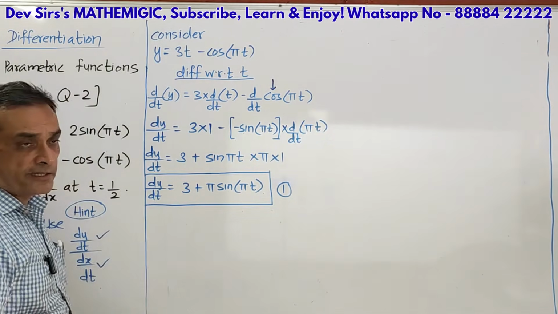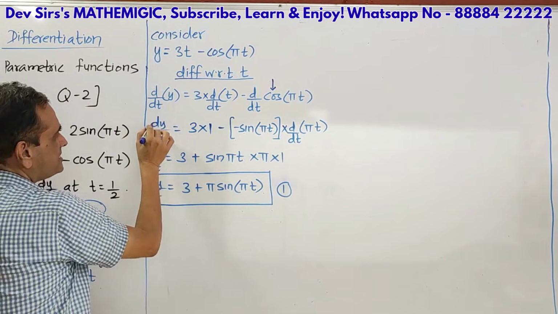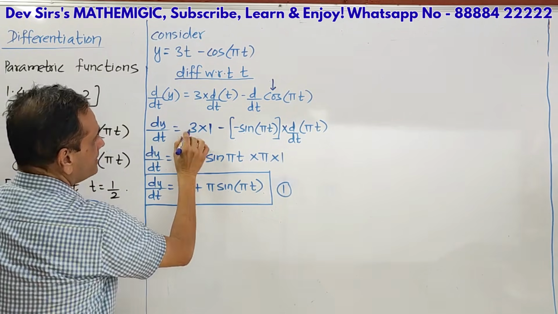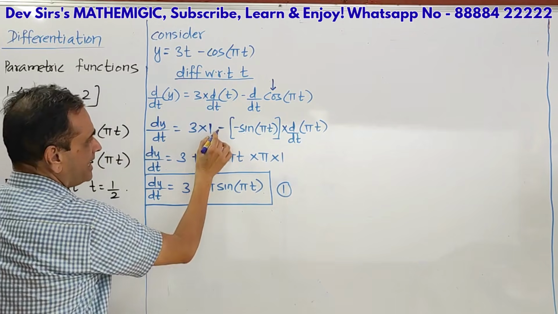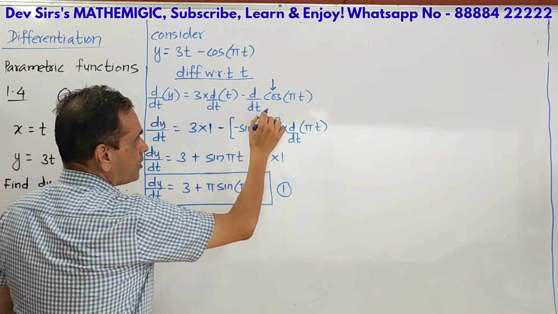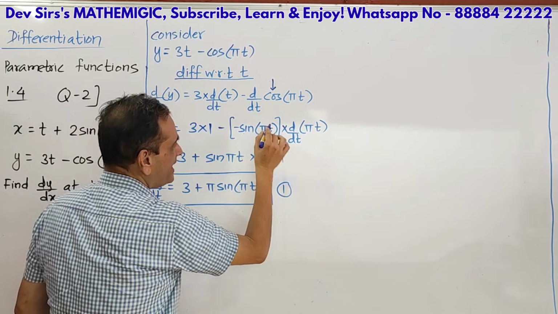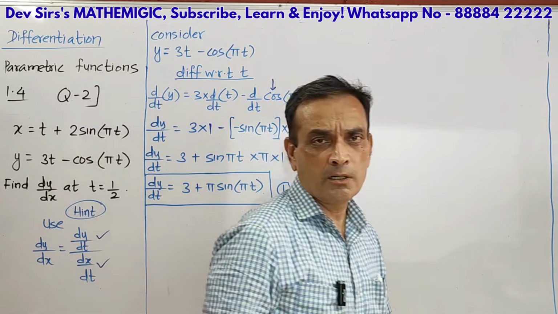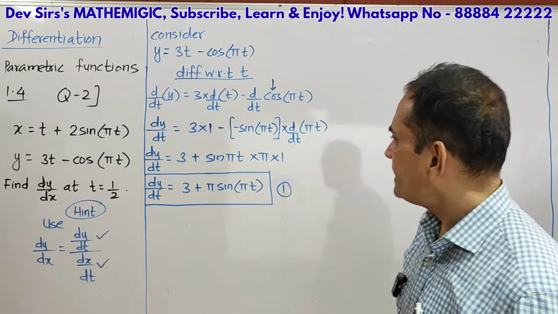Followed? देखो, वापस देखो. So this is dy by dt. D by dt of y means dy by dt. 3 into 1 minus cos का डेरिवेटिव minus sin pi t into d by dt of pi t. Simple chain rule. No rocket science. Simple है.